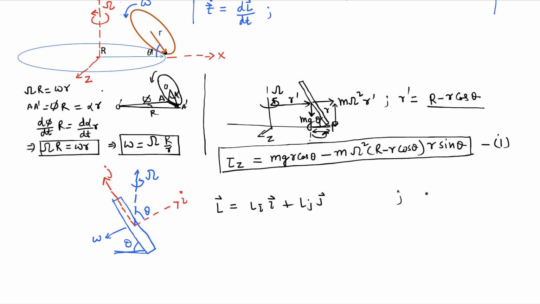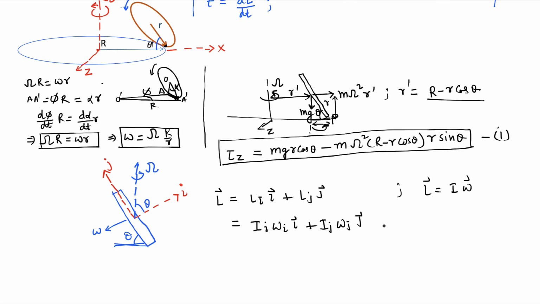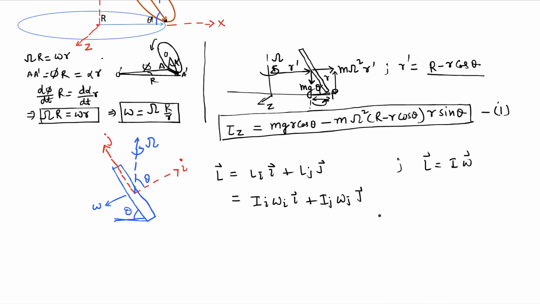We know that L is I omega, right? We can write this as I_i omega_i in the I direction, and then I_j omega_j in the J direction. Okay, this is my angular momentum vector.